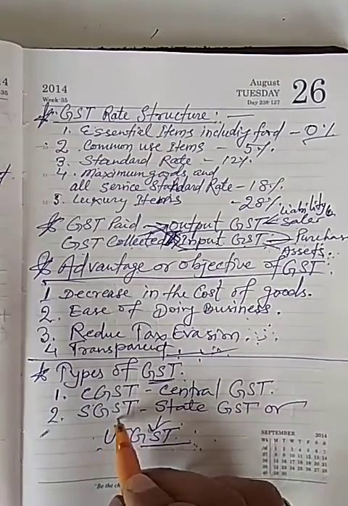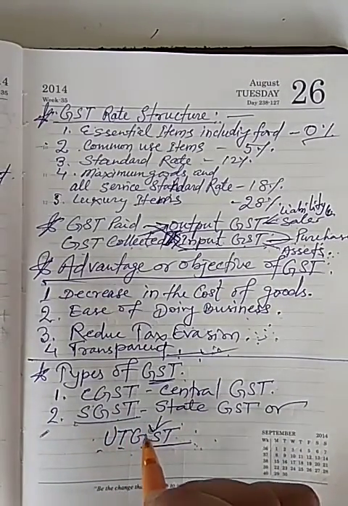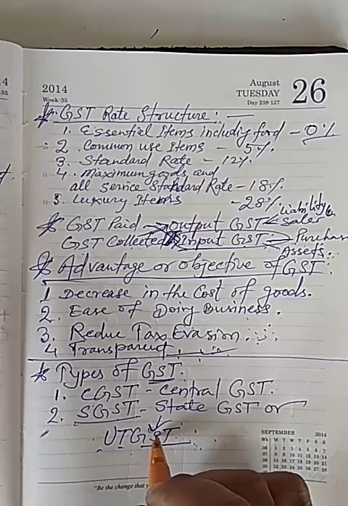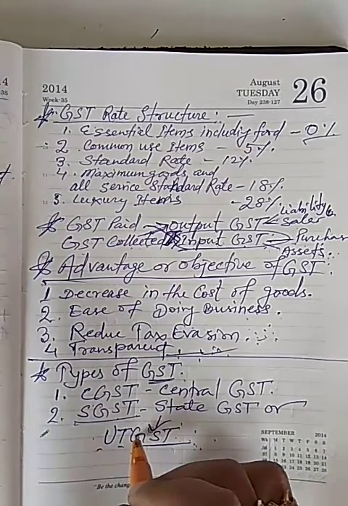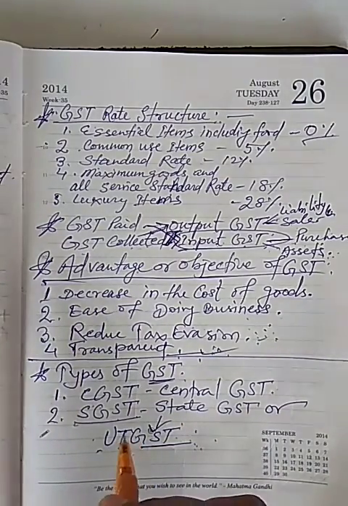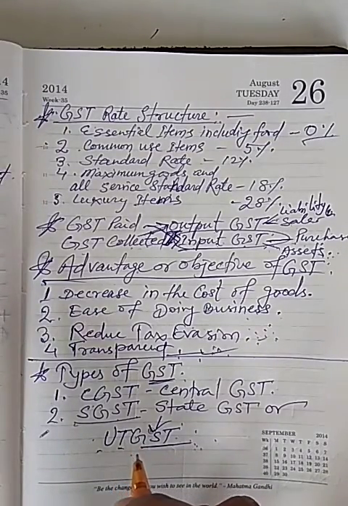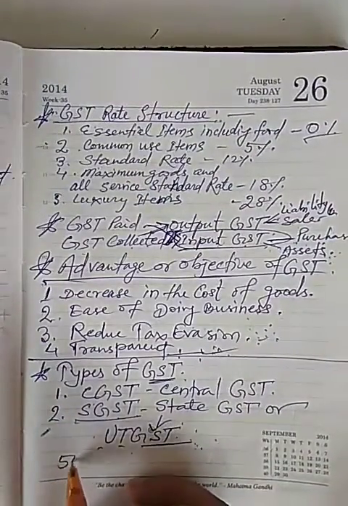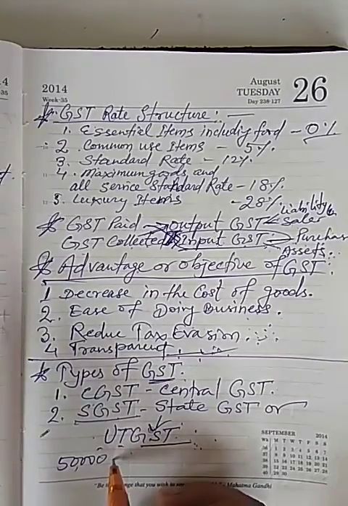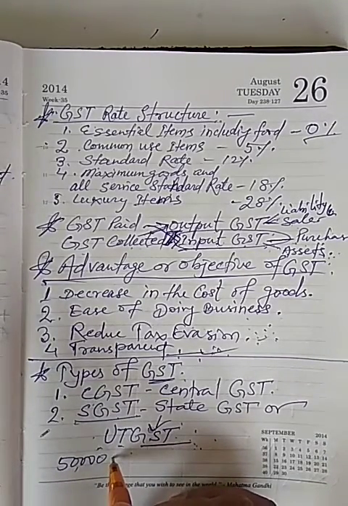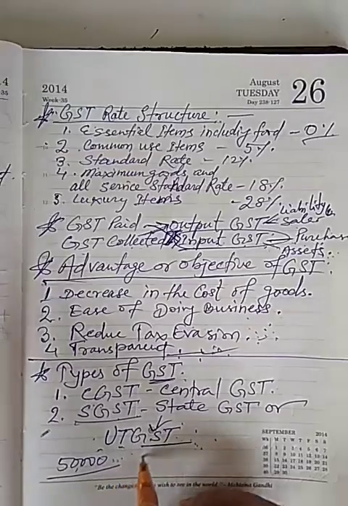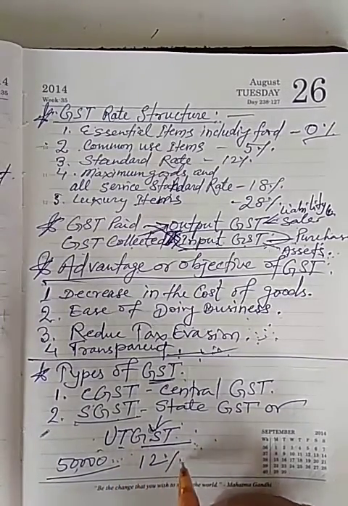For example, a dealer of Rajasthan sells goods to a dealer or consumer in Rajasthan worth 50,000, and the GST rate on the goods is 12%.